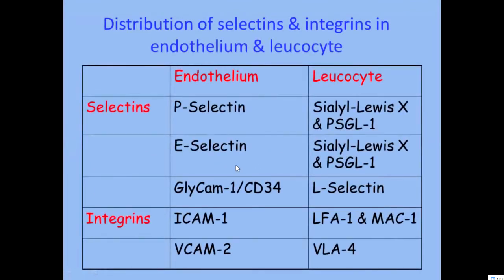Okay, distribution: the selectins are distributed over the endothelium. The leukocytes show sialyl-Lewis oligosaccharide molecules called PSGL, and the GlyCAM or integrins, the intercellular adhesion molecule or the vascular cell adhesion molecule, are present within the endothelium or over the endothelium and also over the leukocytes.